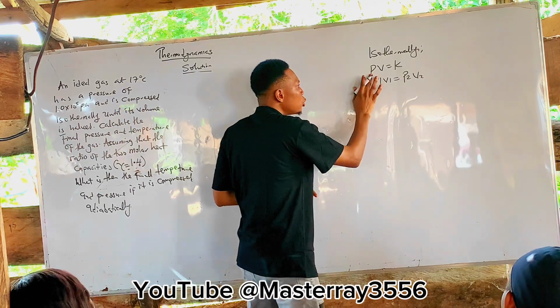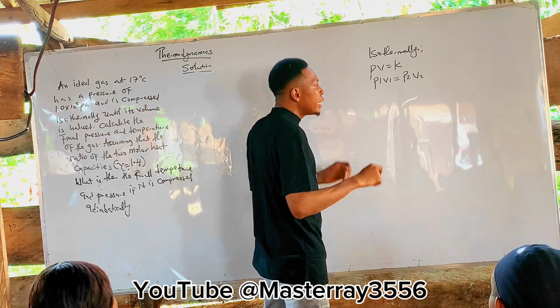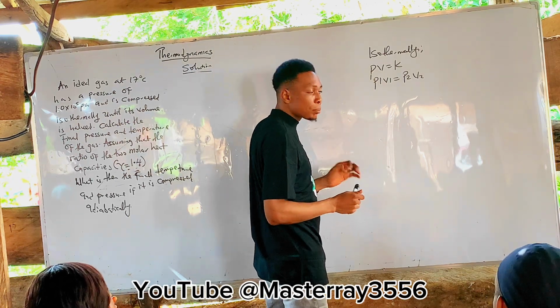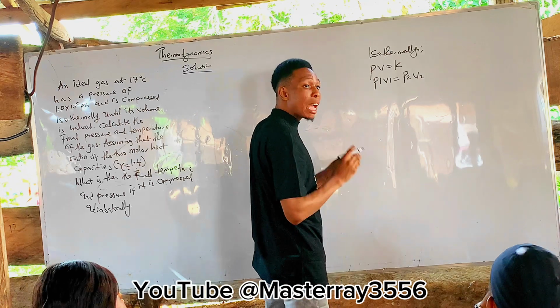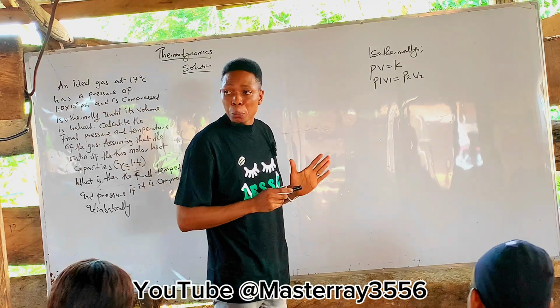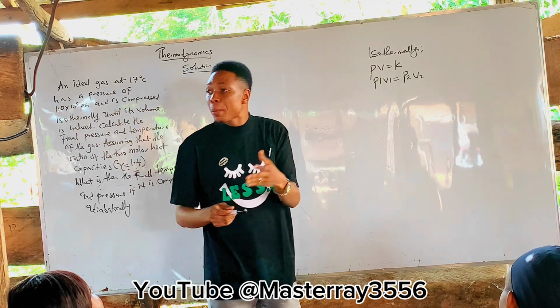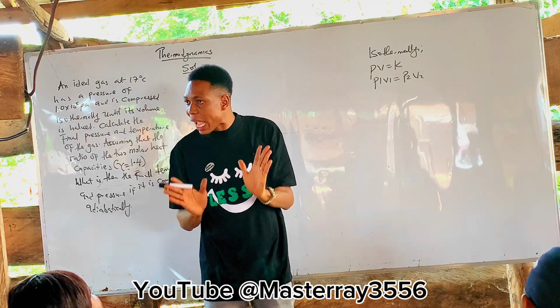This is the relationship between pressure and volume. Take note, isothermally, our temperature is kept constant. An isothermal process is a type of thermodynamic process whereby the temperature is kept constant.